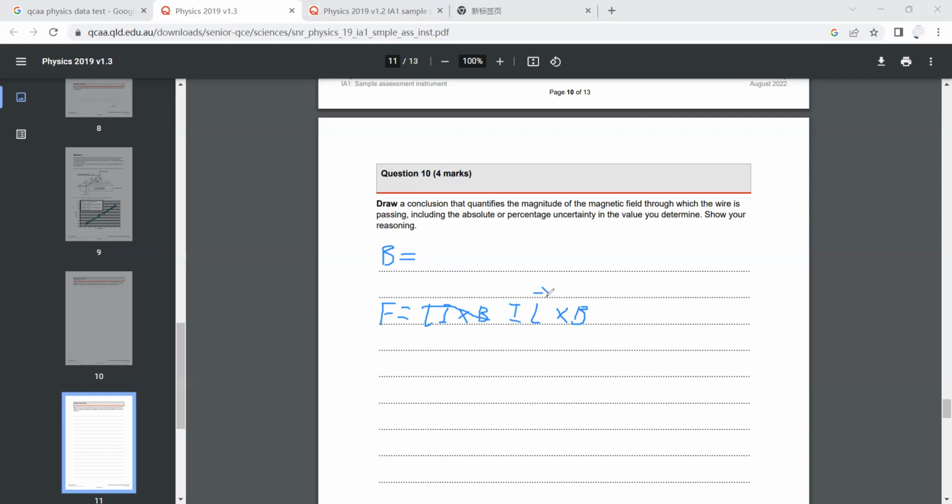L and B are vectors, so F is a vector as well. In terms of their magnitudes, it equals B I L sine theta.